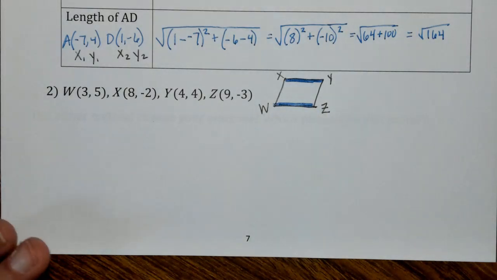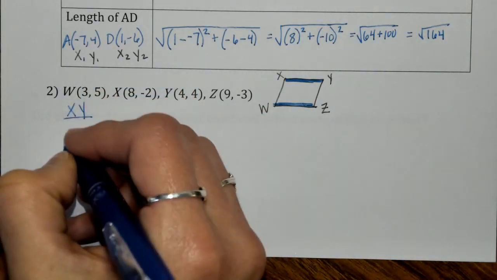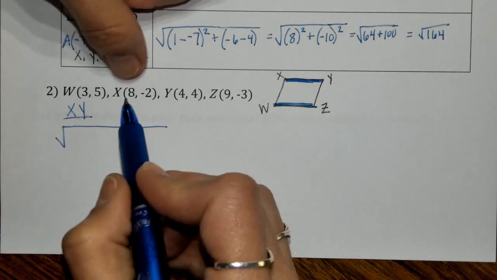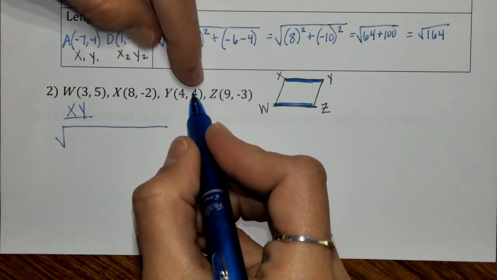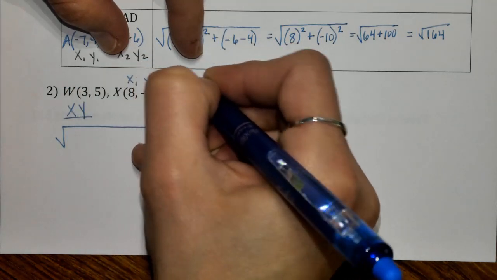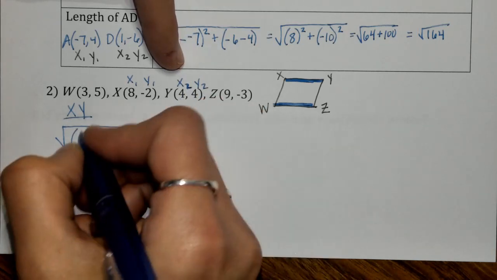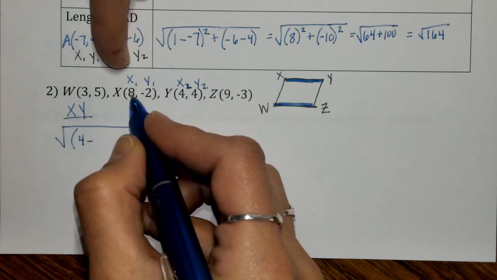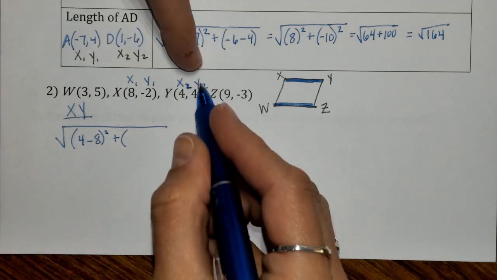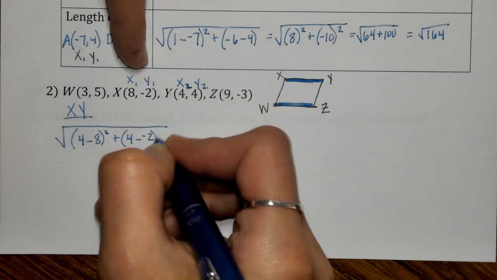So with XY, using my formula, here's X1, Y1, X2, Y2. We're going to have parentheses x2, 4 minus x1, 8 squared plus y2, 4 minus y1, negative 2 squared.